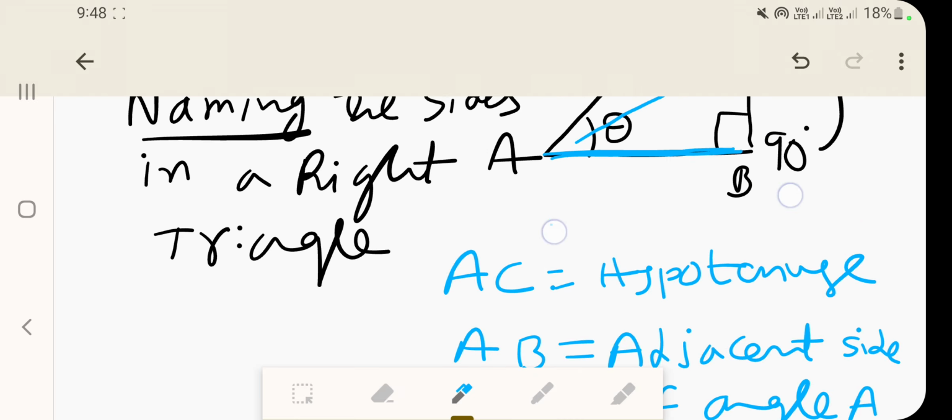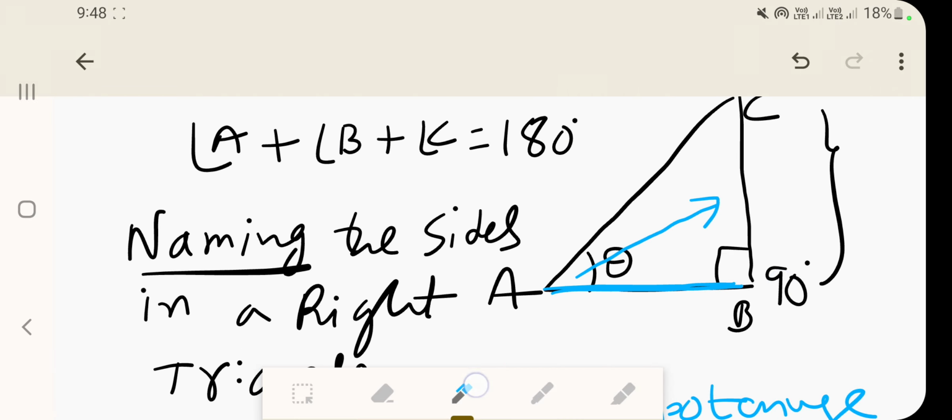Another important thing you have to remember: whenever we take, for example, angle BAC, it is nothing but angle A itself. Whichever alphabet we have at the center, that is the angle itself, angle A, and here it is angle theta.